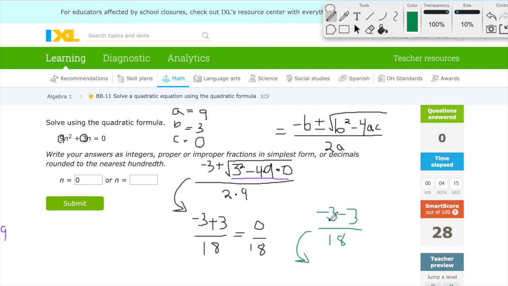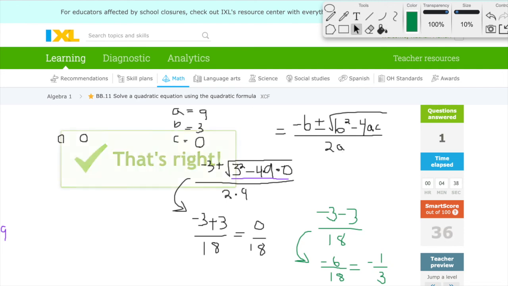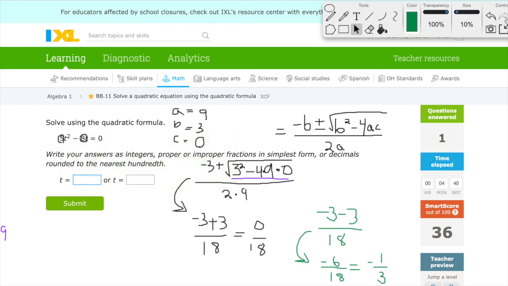That reduces to negative 3 minus 3 is negative 6 divided by 18. And if I took a 6 out of each and reduced that, it would reduce down to negative 1 over 3. So you just have to think about reducing at the end. And here we could put negative 1 divided by 3.